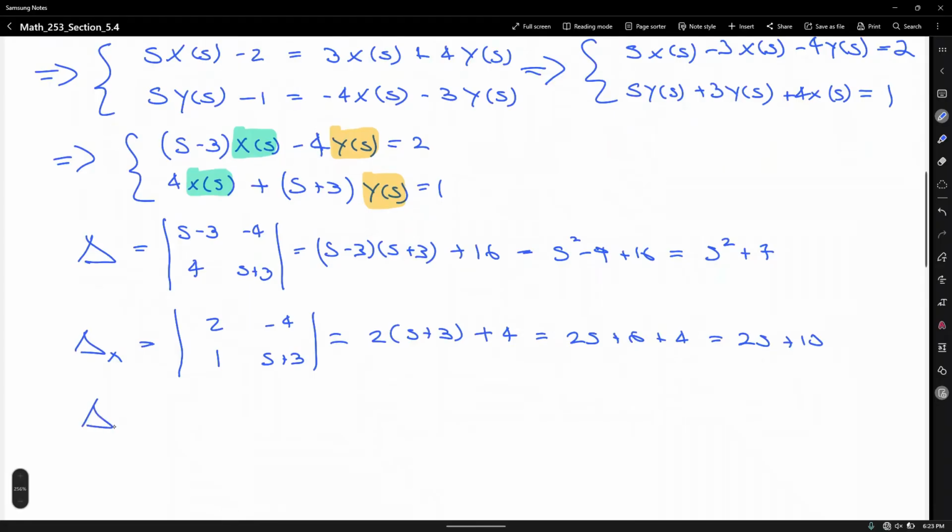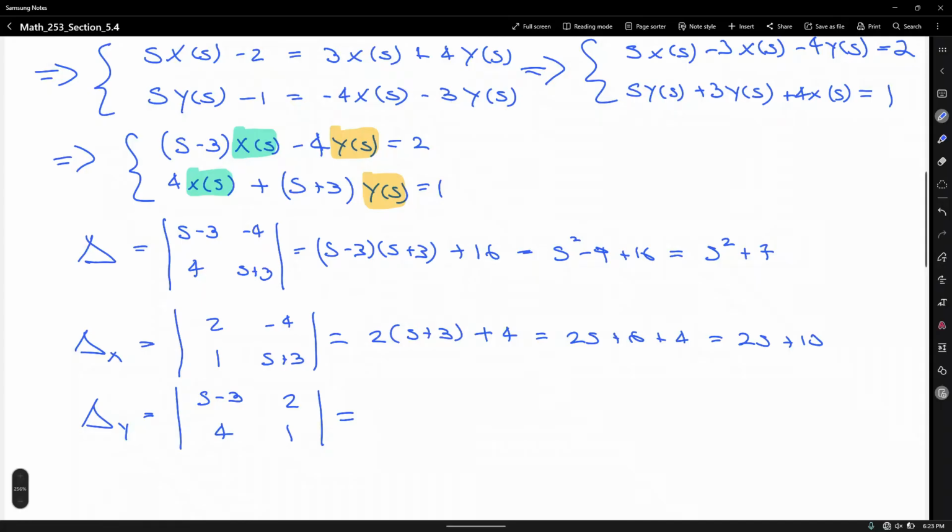What about delta y? For delta y, for the coefficient matrix, I'm going to replace the y column with the constant terms on the right hand side of the system, keeping the x column the same, s minus 3 and 4, and evaluate the determinant. What do we do?